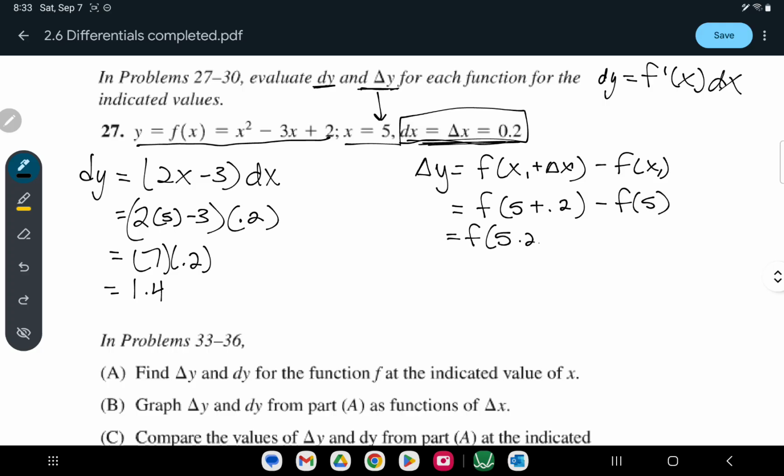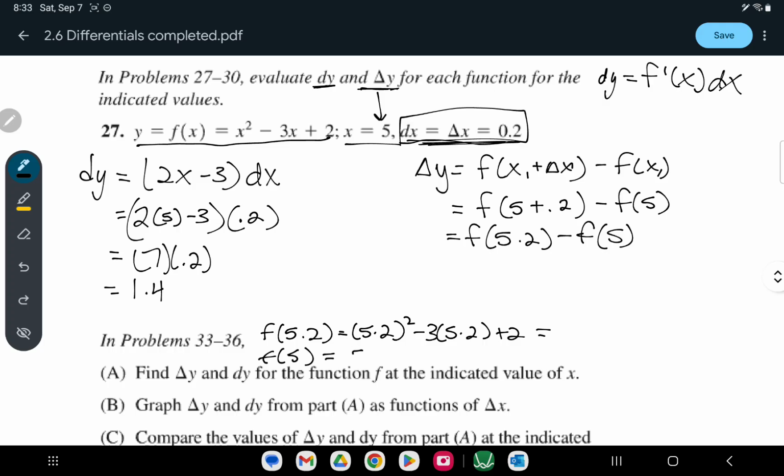So f of 5.2 minus f of 5. So I need to do some side work here. I need to find f of 5.2. So that's 5.2 squared minus 3 times 5.2 plus 2. And I need f of 5. So that's 5 squared minus 3 times 5 plus 2.